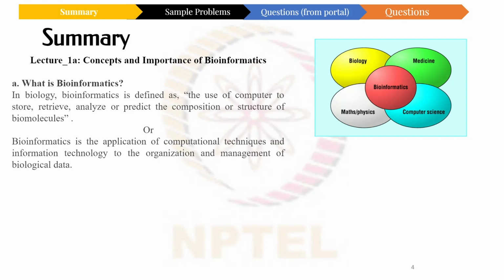So, coming to that, it includes various domains including biology, medicine, mathematics, physics, and computer science. In bioinformatics, biology is the fundamental science providing the raw data and the context for understanding living organisms at the molecular, cellular, and organism levels.